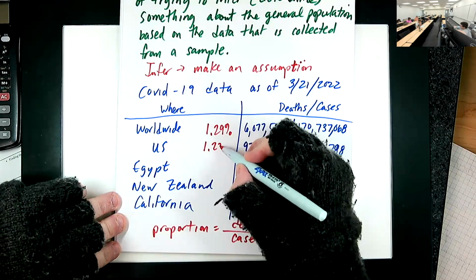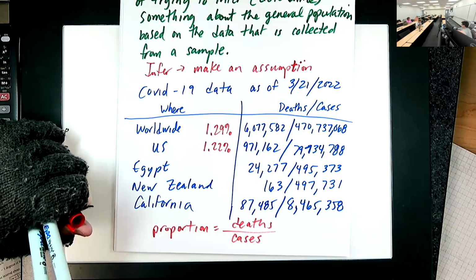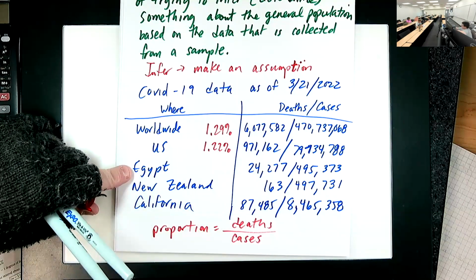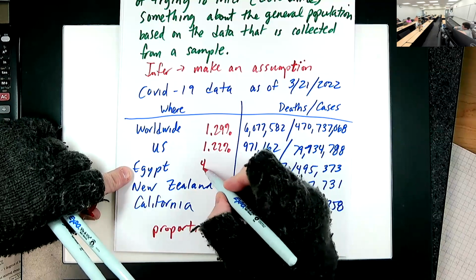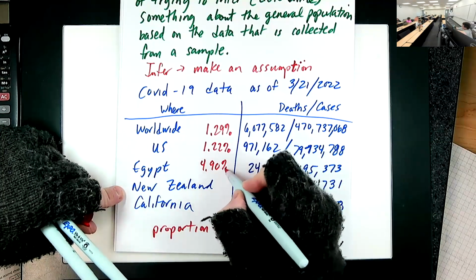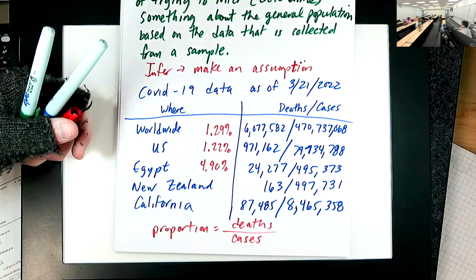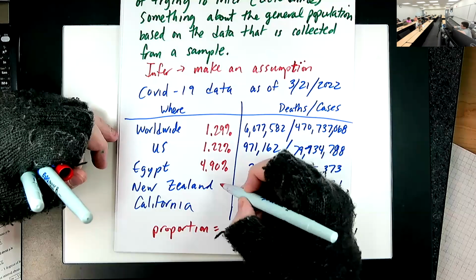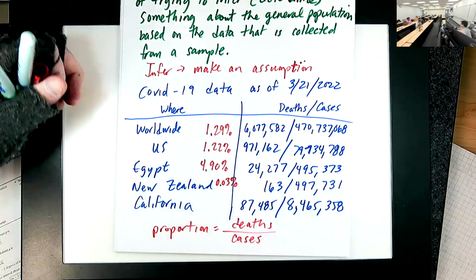We were at 1.22%. Egypt, despite having only 24,000 deaths, they were at 4.9%. And New Zealand comes along and mic drops it. 0.03%.